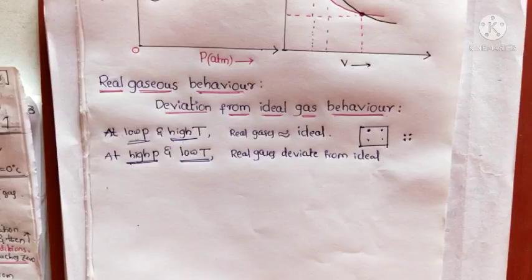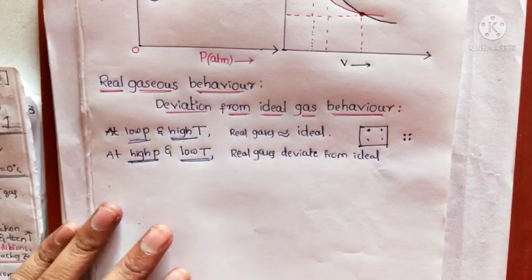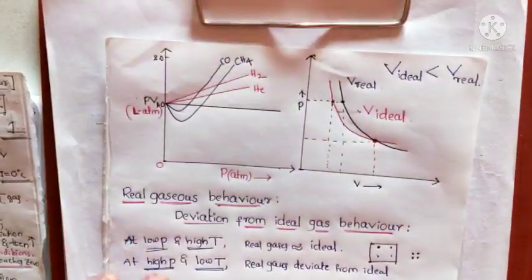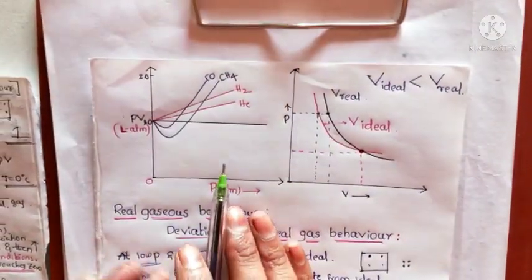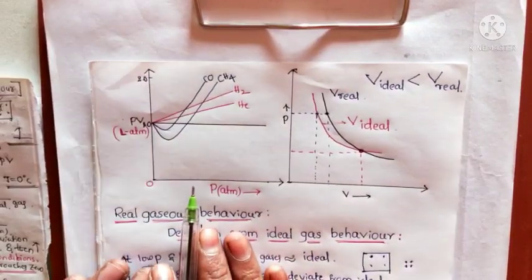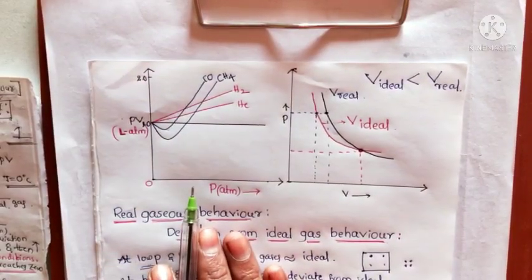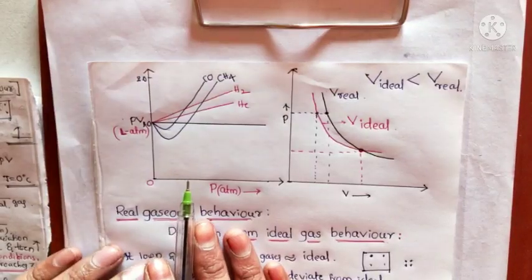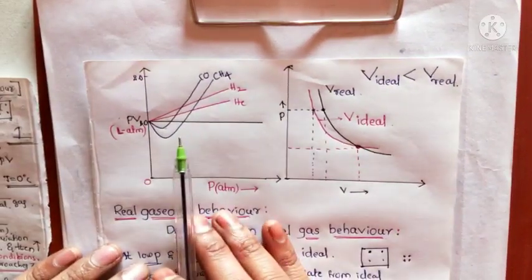Now, to explain the deviation of real gases from ideal gas behavior, scientists studied the effect of change of pressure on PV. So this is a graph. The experiment was done on several gases.